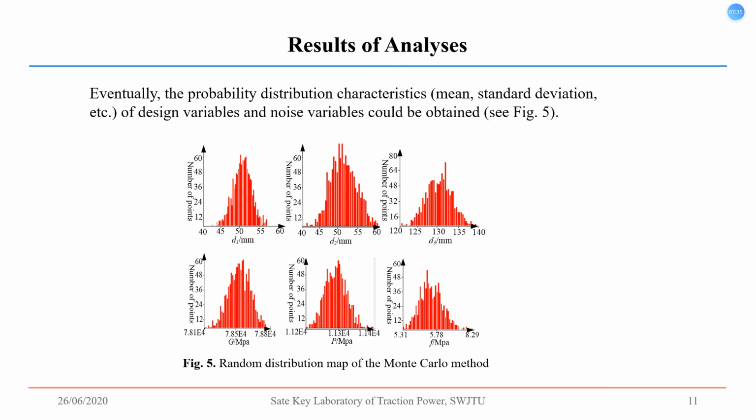Eventually, the probability distribution factors such as mean and standard deviation of the design variables and noise variables could be obtained, as shown in Figure 4. And from Figure 5, we can find the random distribution map of the Monte Carlo method.